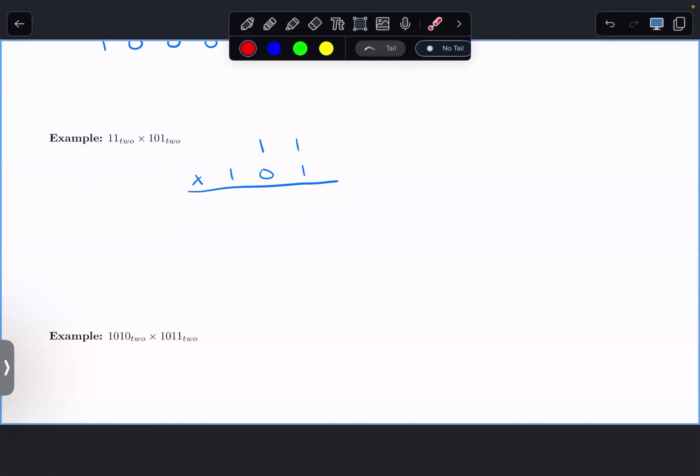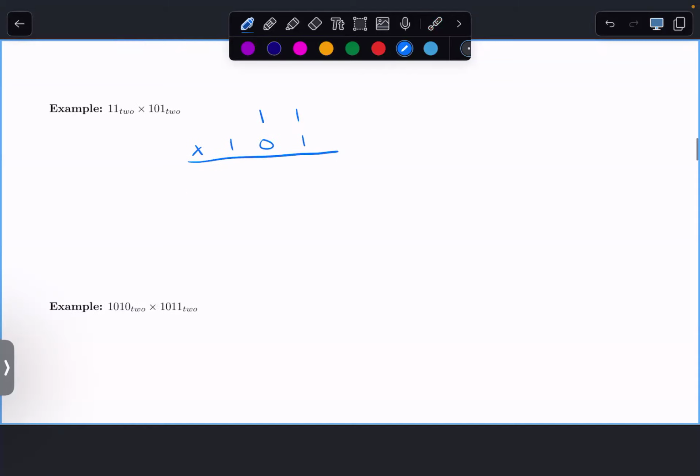It's been a long time since we've multiplied by hand, probably. Gotta go through, tedious, not hard, but tedious, right? And so what are we gonna do? 1 times 1, 1 times 1, 0 times 1, 0 times 1, 1 times 1, 1 times 1, and then we have to collapse those.